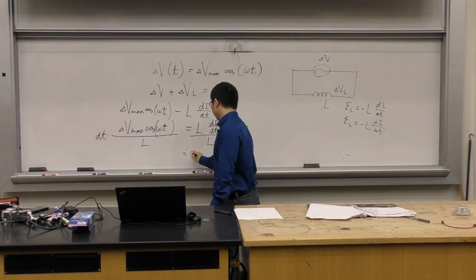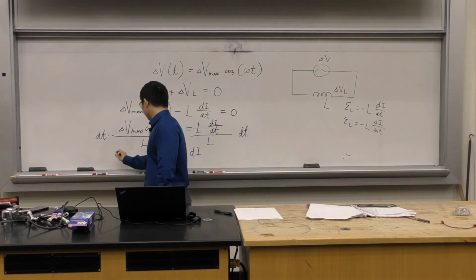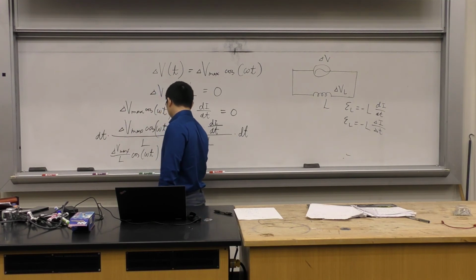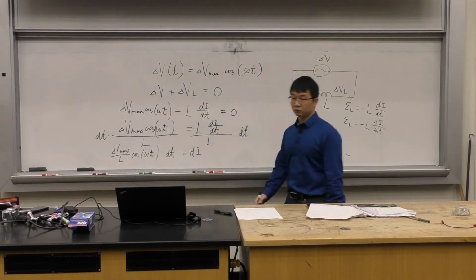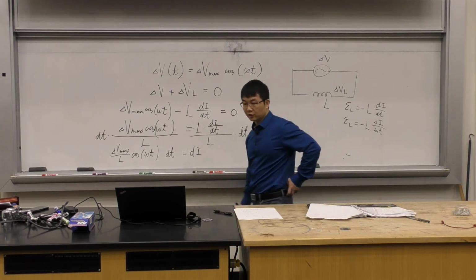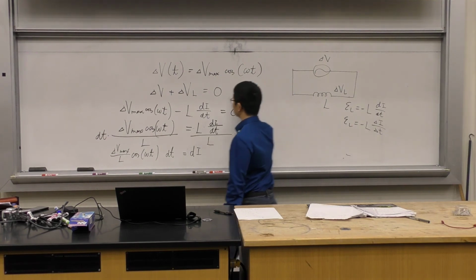You get di on the right hand side, and on the left hand side you just get V max over L cosine omega t and then dt. And you just integrate both sides, you can get a function for I, right? Okay, so I'm not going to go into detail. At the end, you will get an expression for I. So I'm going to erase this, I'm going to list it here.